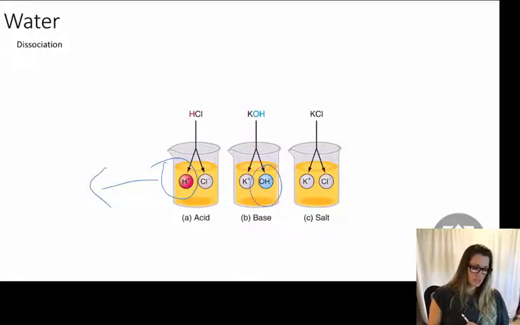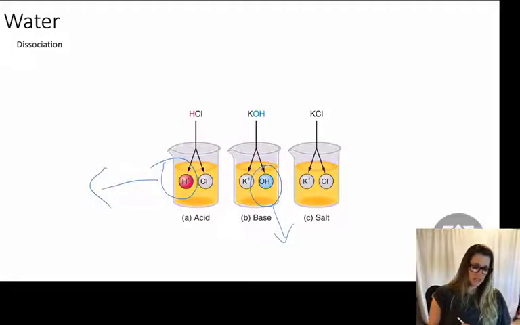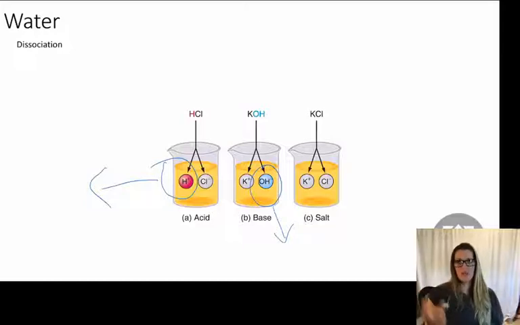Bases, this is the same essentially. How strong a base is based on how much hydroxide it's going to donate. And then salts just dissociate in water, so this is something that you're familiar with. You have the positive and the negative, and they dissociate into ions.